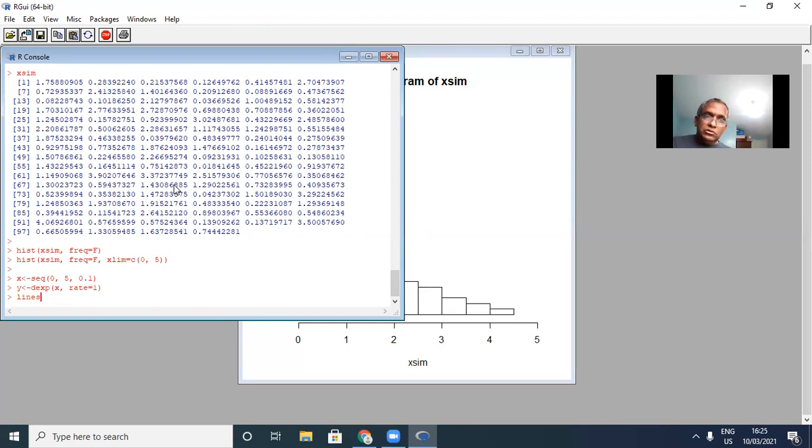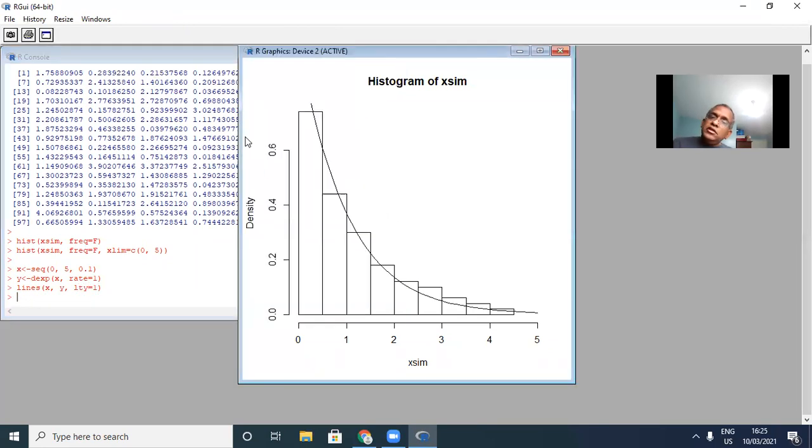Now, if you draw the lines x, y with line type equal to say 1, now you see it's a good match. The exponential PDF is a good match to the histogram, as you would expect, right? Because we simulated the data from an exponential. So the exponential PDF should be a good match to the histogram.